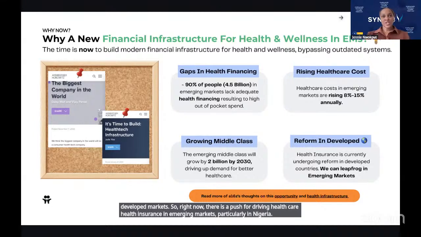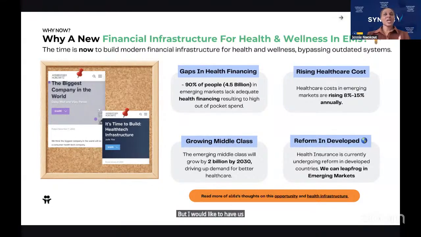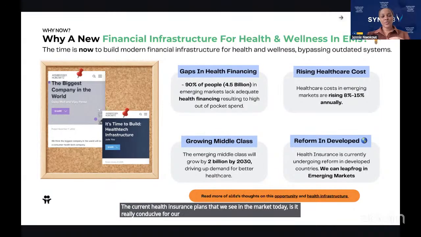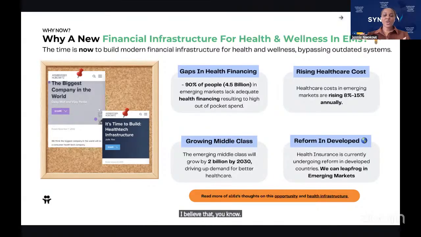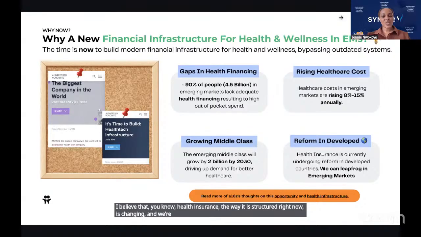But I would like us to think about the current health insurance plans that we see in the market today. Is it really conducive for our market? Does it meet all the needs of the unique challenges that Nigerians or Africans have when they want to access healthcare? I believe that health insurance, the way it is structured right now, is changing, and we're seeing that in developed markets.